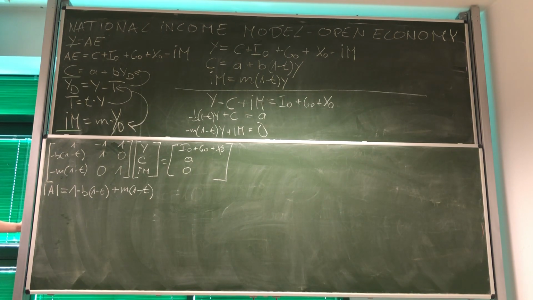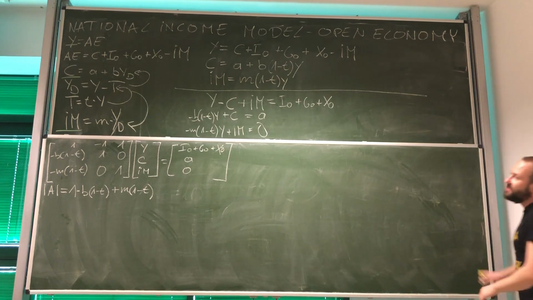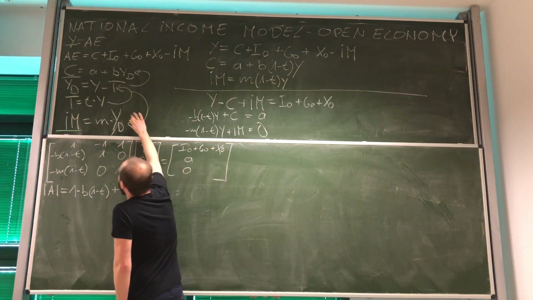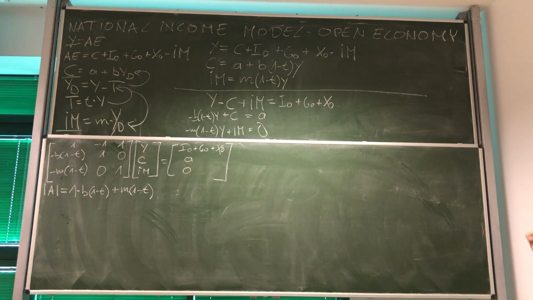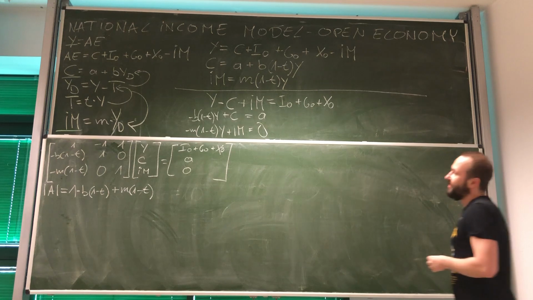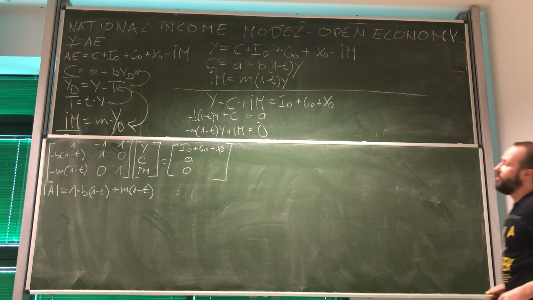Look, this result is a little bit different than what we had previously. I made this model slightly different in a way that here we've got disposable income. When we put this model in such a way, it has the advantage of showing better how this multiplier process works in open economy.